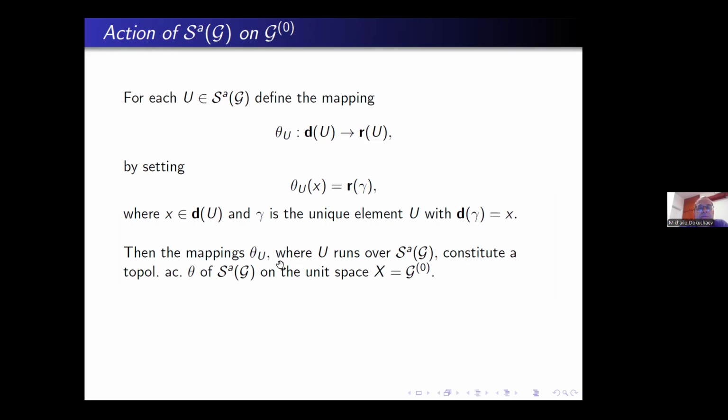And if you consider all theta U, where U runs over all compact open bisections, then we get a topological action theta of this inverse monoid on the unit space.